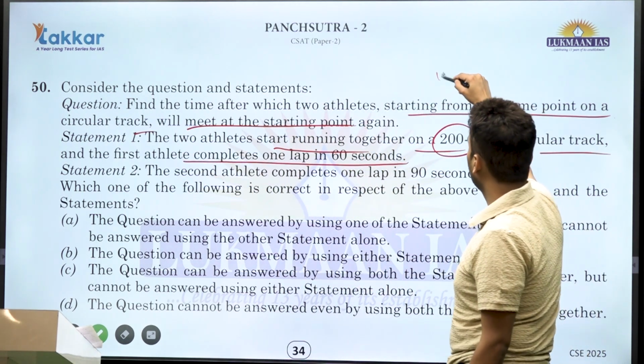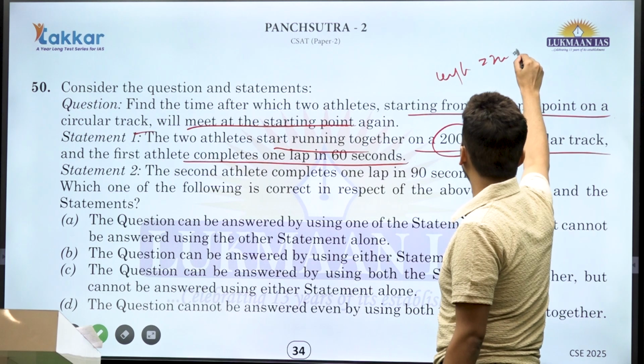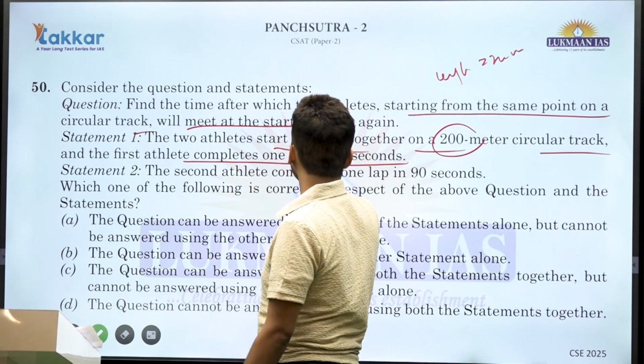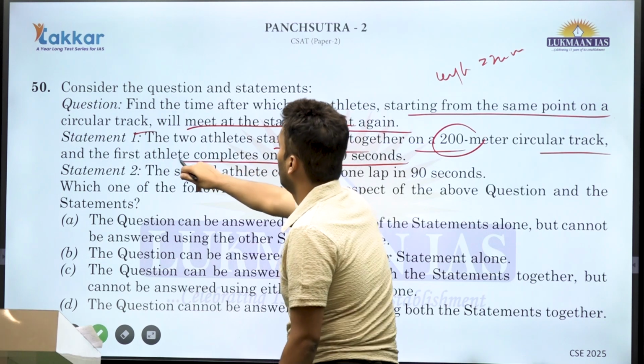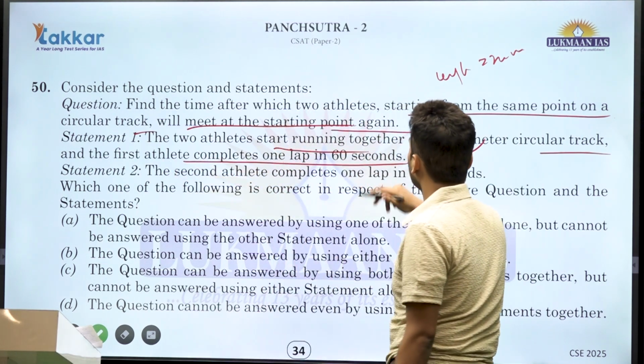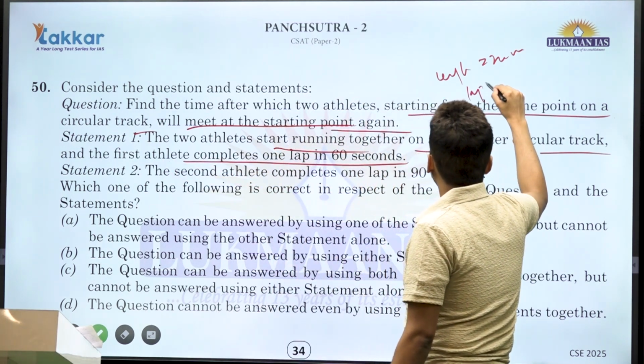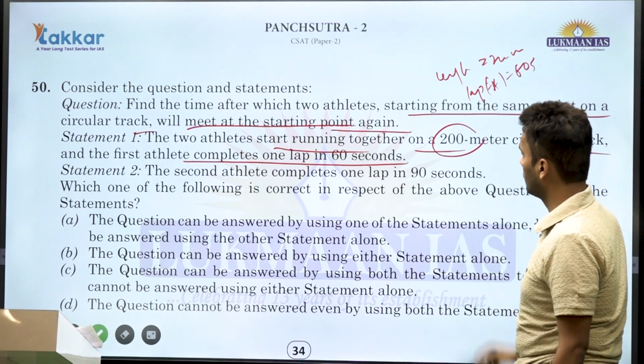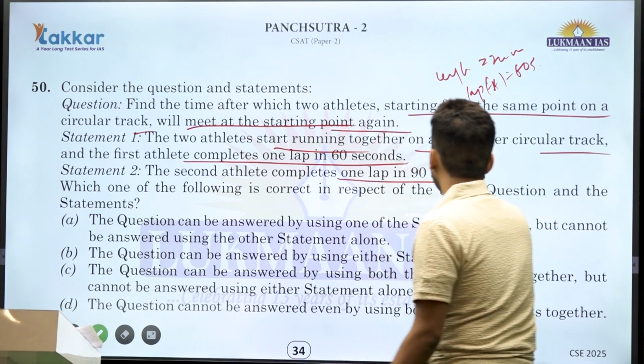So here the length of the track is 200 meters, and they will meet at the starting point again. The first will complete the lap in 60 seconds, athlete A.